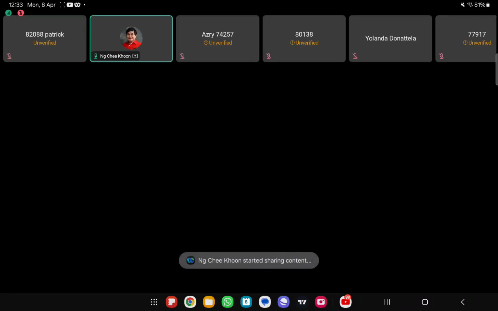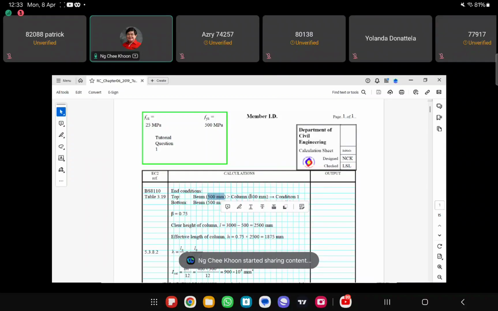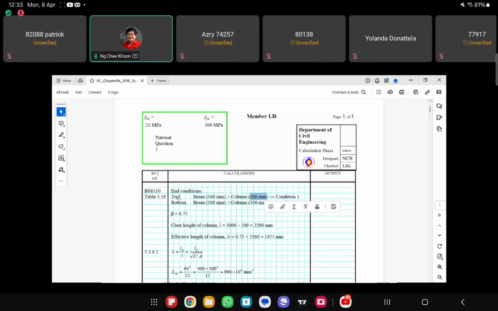That's why you see that the beam dimension is 500 mm and the column dimension is 300 mm for the top end of the column. The bottom end is also the same, right?